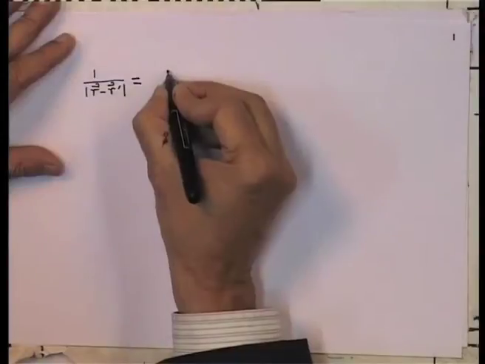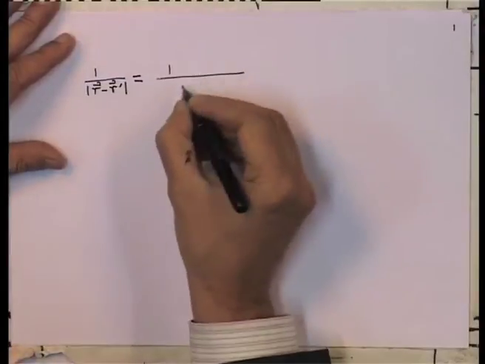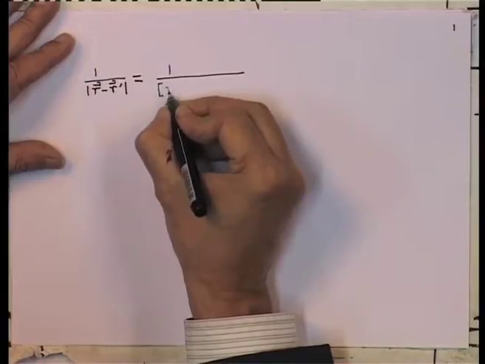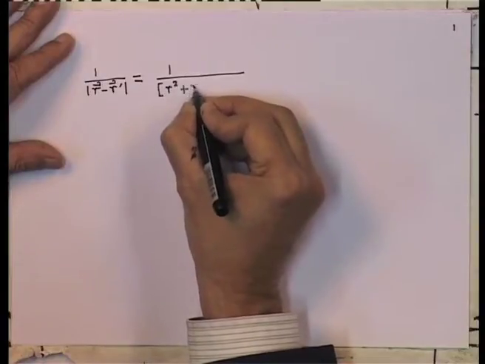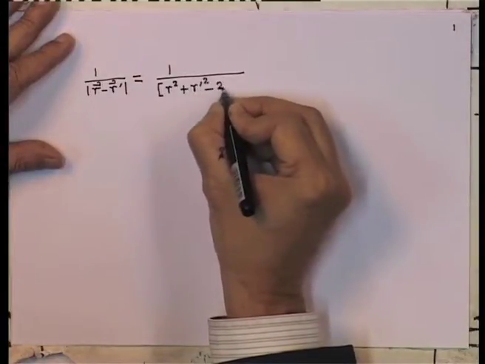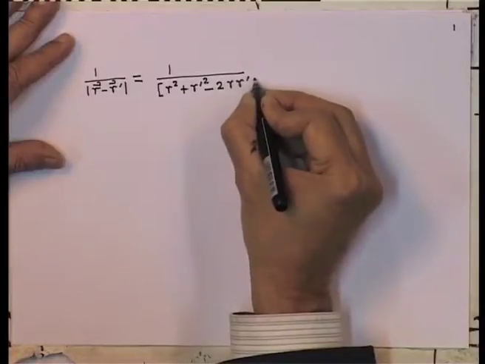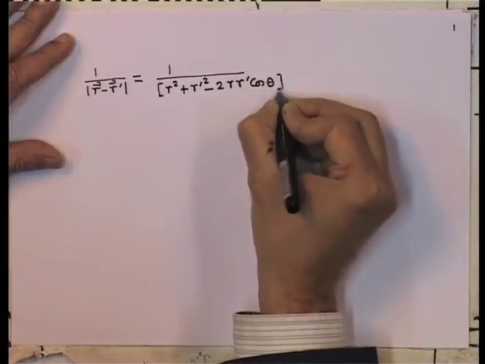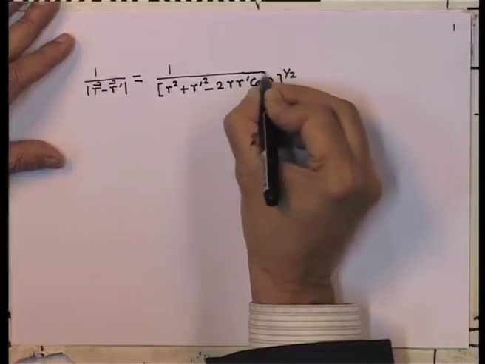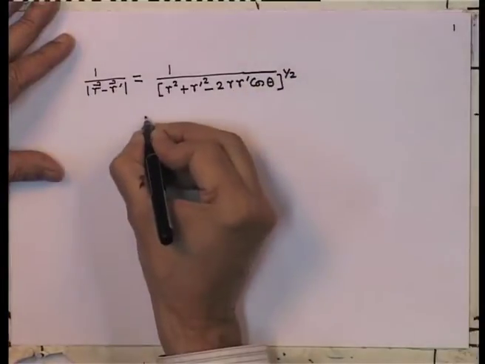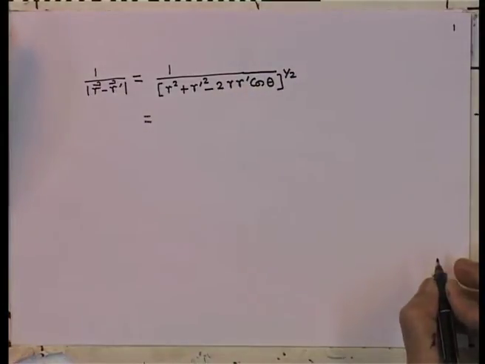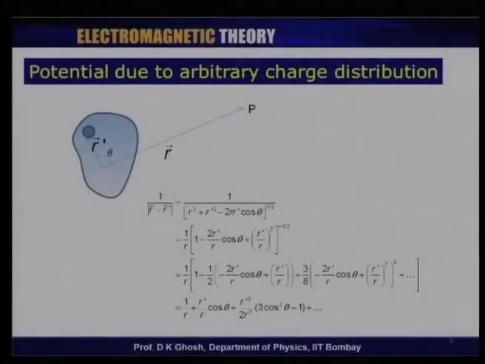So, what I can do is to write this down as 1 over square root of r square plus r prime square minus 2 r r prime cos theta, raised to the power half. Now, let me assume for a moment that r is greater than r prime in magnitude.